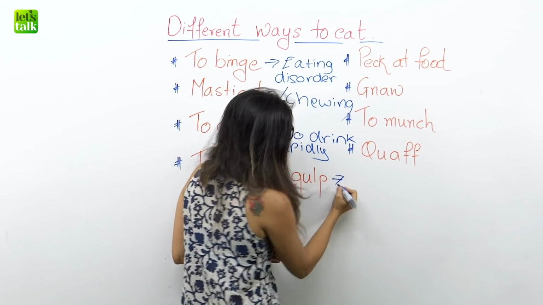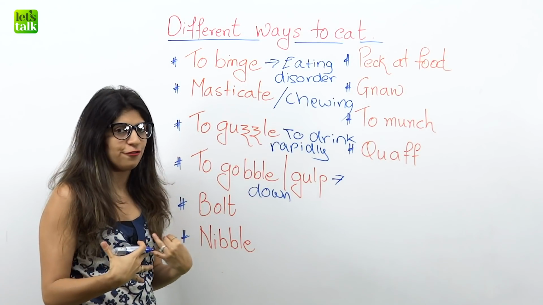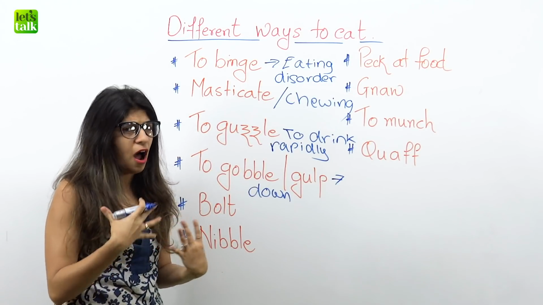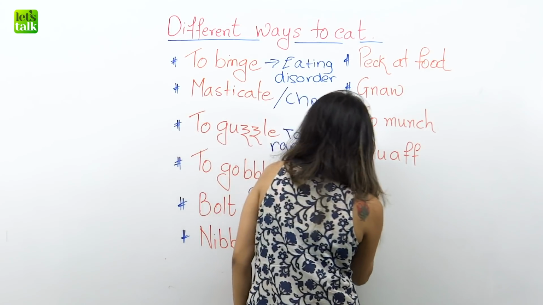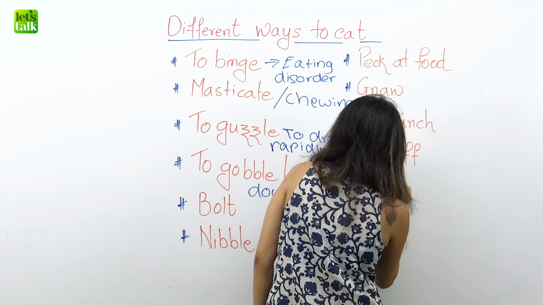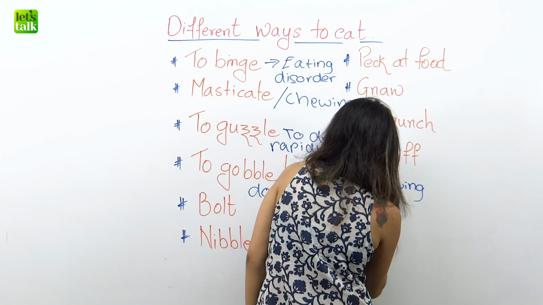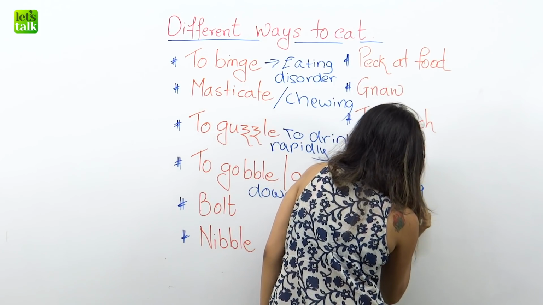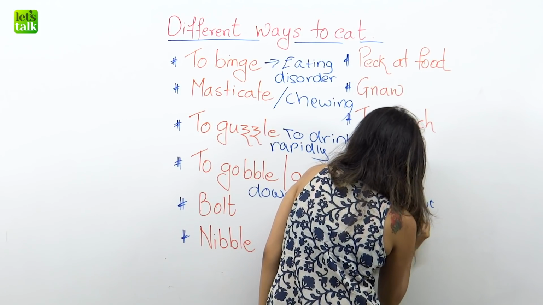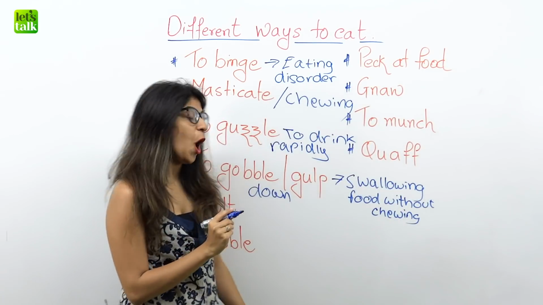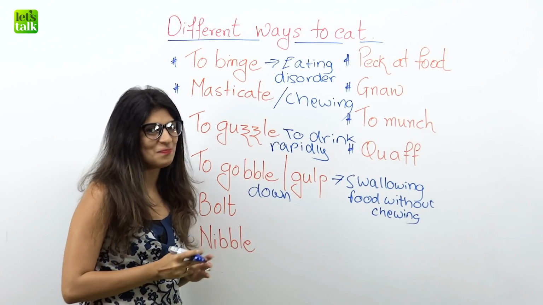So the correct meaning of this word is when you are just swallowing your food in a very hurried manner without chewing it. Okay, so hope you got the difference between the words guzzling down and gobbling down.